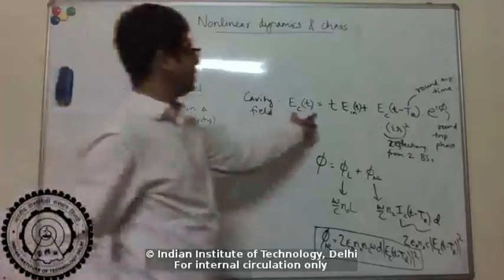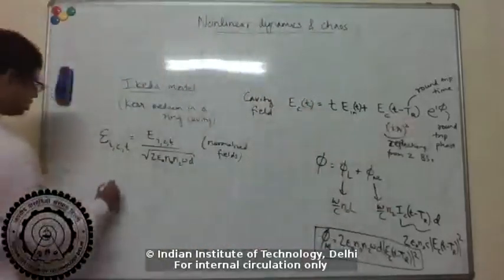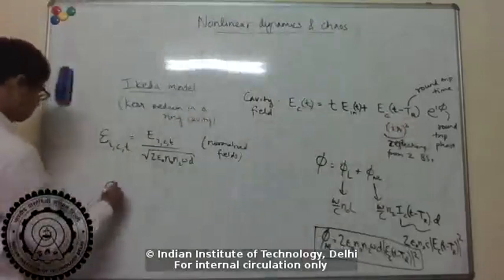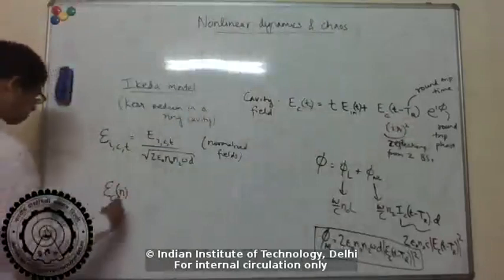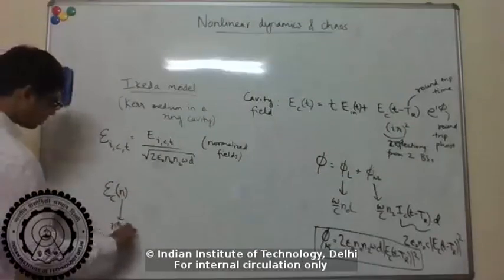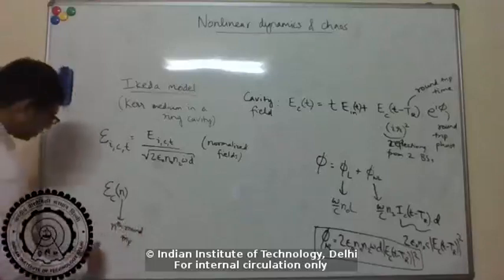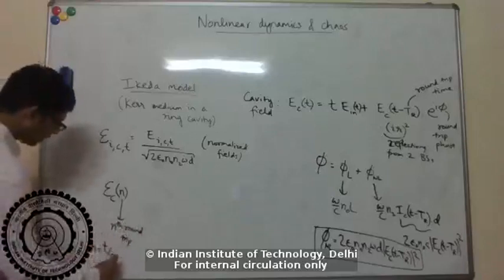So I can write this equation in terms of the normalized fields. So EC at, now I say n, which is the time at the nth round trip, or in other words, n is t over tr.